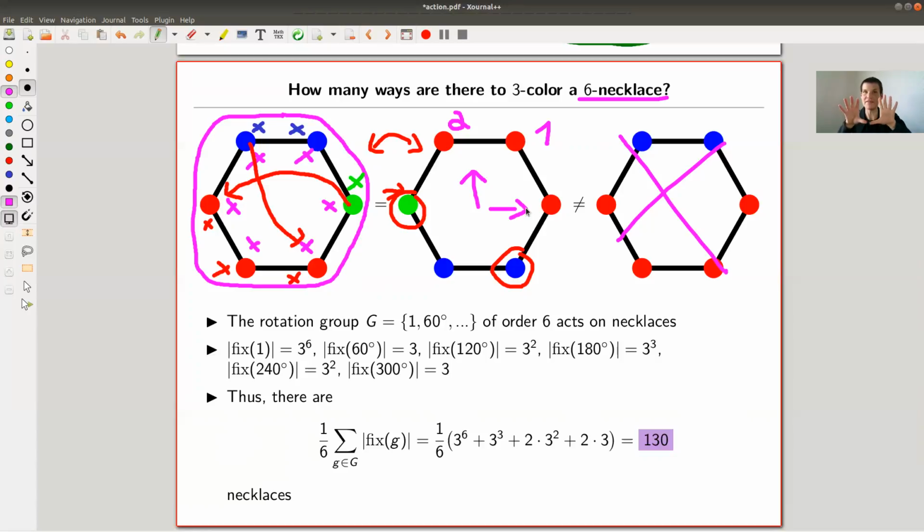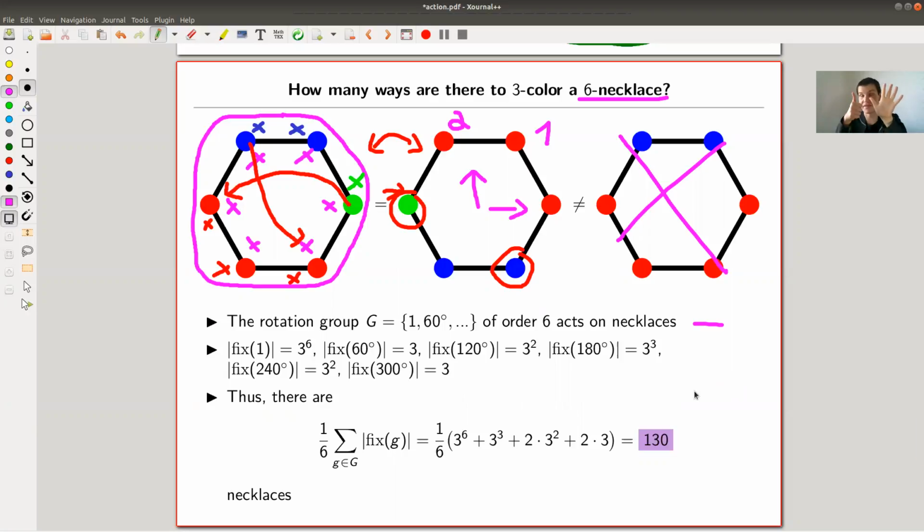So I have this necklace, my little necklace here, and necklaces are the same if they are the same up to a rotation. So what is really acting here is the rotation group, acting on these necklaces by rotation. Because I have six points, the rotation group is given by the trivial operation, a 60-degree rotation, a 120-degree rotation, a 180-degree rotation, a 240-degree rotation, and a 300-degree rotation.